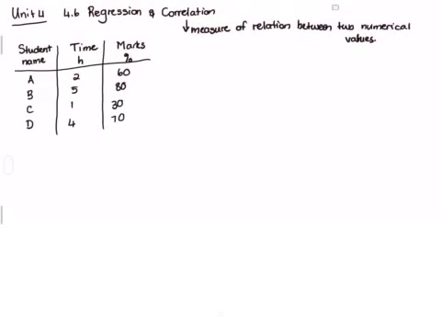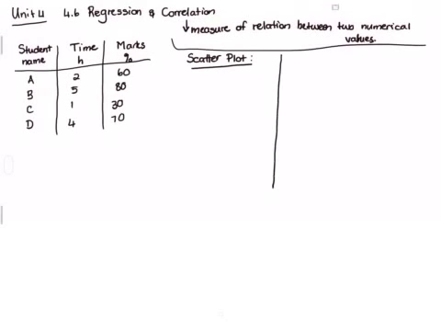So what we're going to do now is draw a scatter diagram or a scatter plot. What a scatter plot is: you take the actual results that you got and you compare them. So obviously the student names are completely irrelevant.